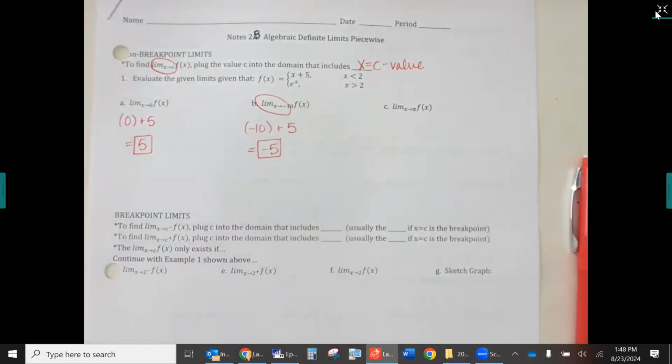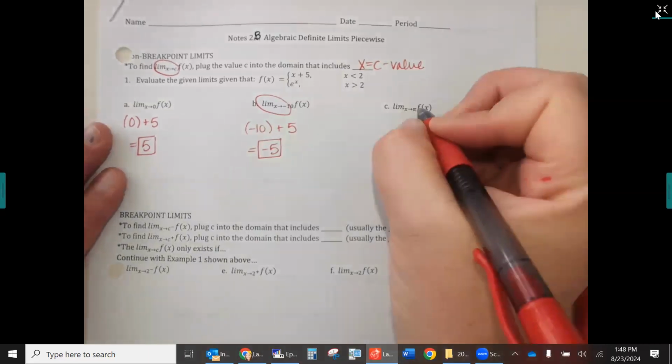We have to get a little bit more comfortable with using numbers that are letters. So pi is approximately what number? 3.14 is correct. Okay, where does that fit? Greater than 2. Then am I plugging into top or bottom? Very good.